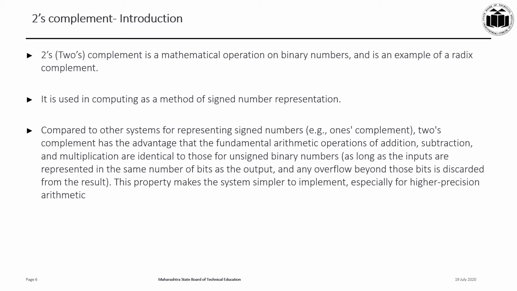In comparison to other systems, say for example 1's complement, 2's complement has more advantages because the fundamental arithmetic operations of addition, subtraction, multiplication are identical in case of 2's complement as it is for unsigned binary numbers. And this property makes this system simpler to implement, especially in the case of higher precision arithmetic.